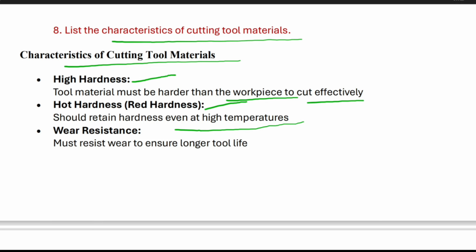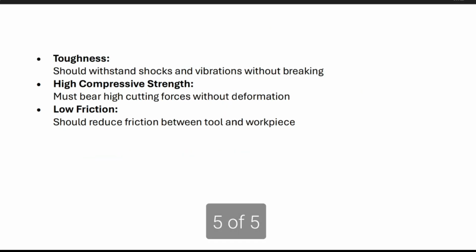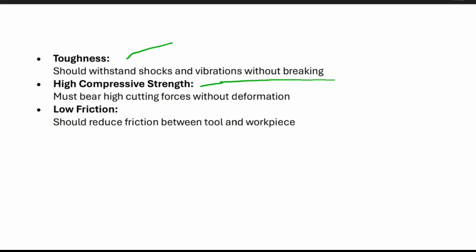Wear resistance: must resist wear to ensure longer tool life. Next is toughness: it should withstand shocks and vibration without breaking. High compressive strength: must bear high cutting force without deformation. And low friction: it should reduce friction between tool and workpiece.